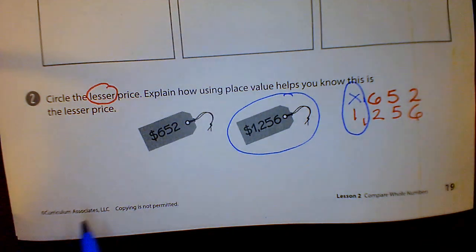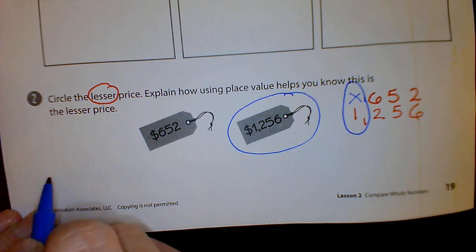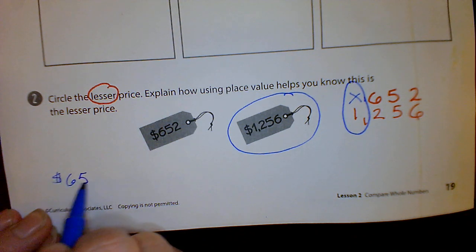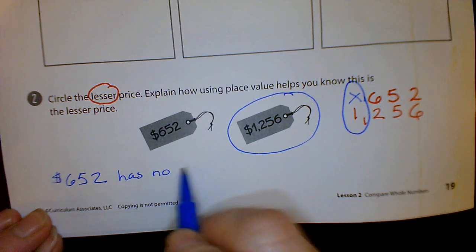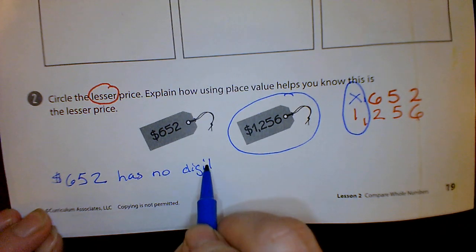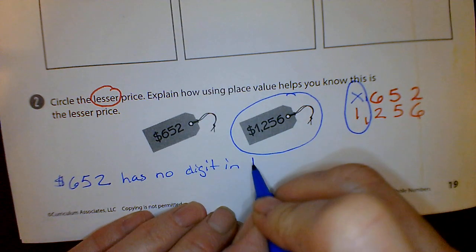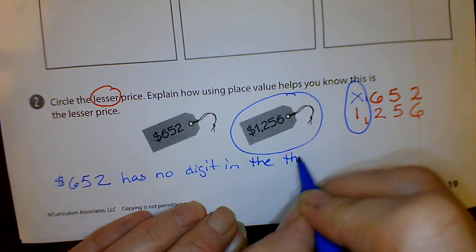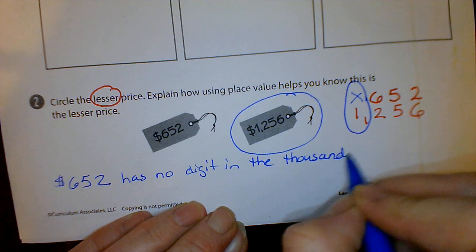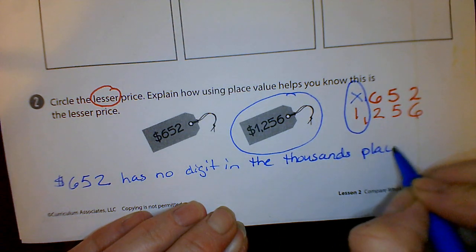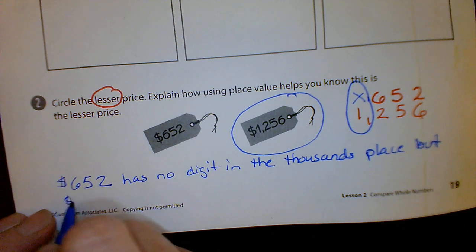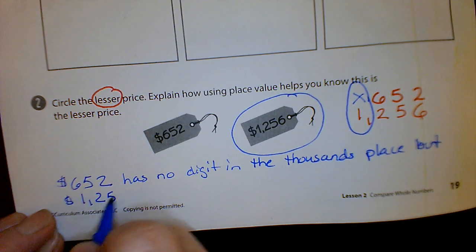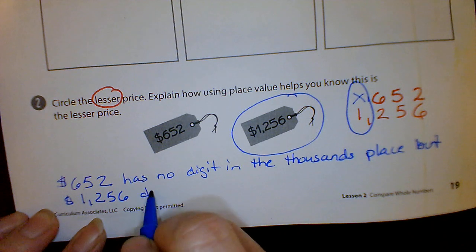So what I'm going to write is that 652 has no digit in the thousands place, but 1,256 does.